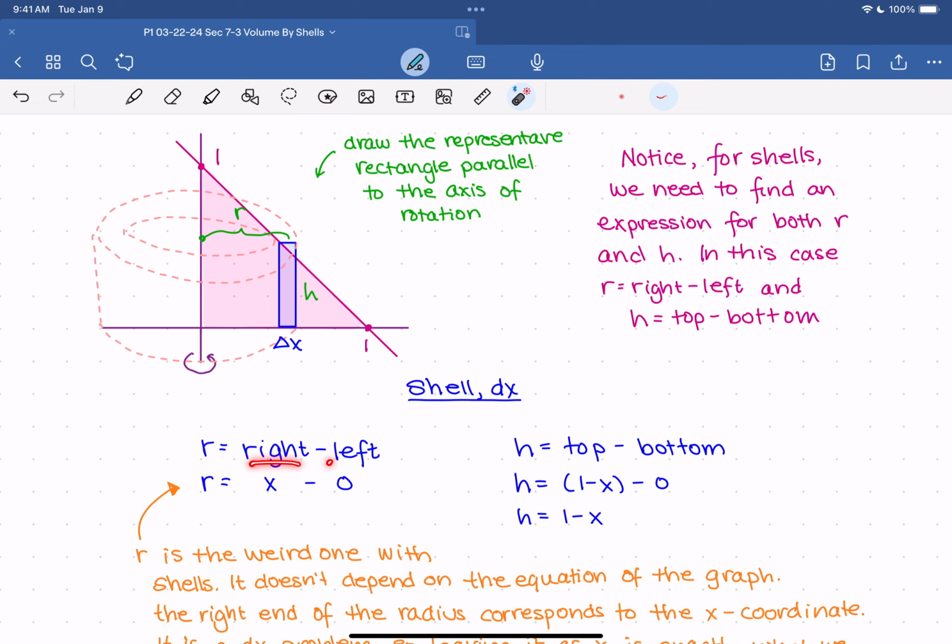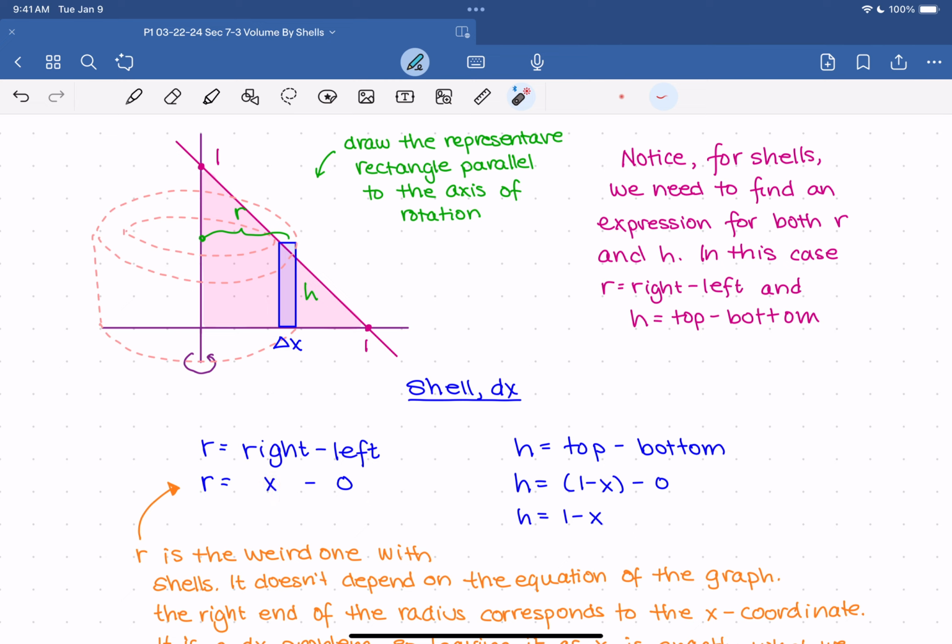So when we're doing right minus left, in this case, the right end of the radius is always going to line up with whatever this coordinate is on the x-axis. And so it's just x. It's not dependent at all on one of the equations. And that's always going to happen with your radius.